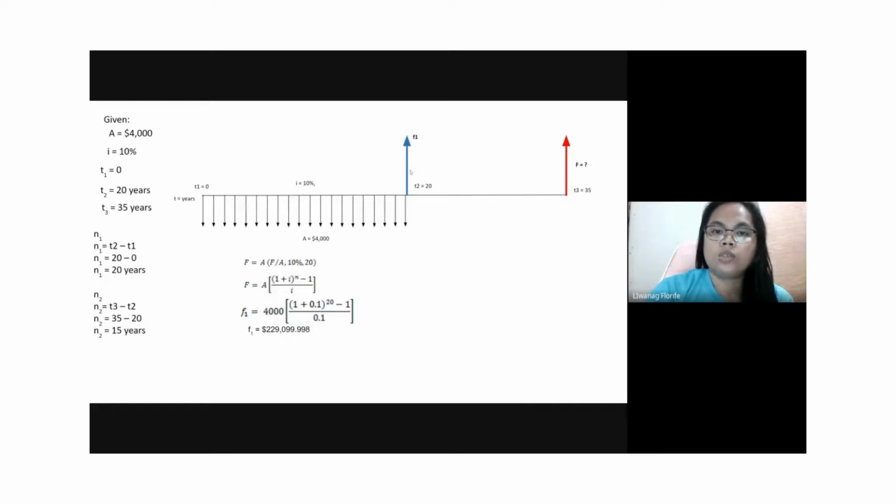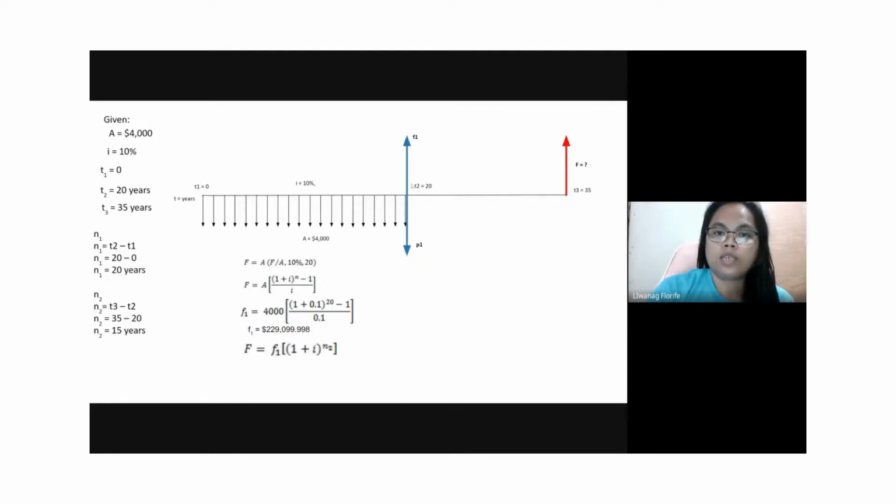Now, notice that there's a time difference of 15 years from the end of investment until Jack's retirement at 65 years. So we will project the value of F1 from T2 is equal to 20 until T3 is equal to 35, with the same interest of 10%.